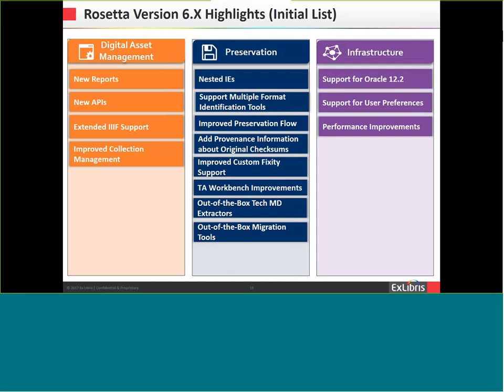We're waiting also for developments on IIIF, so we'll have extended support, so not only images will be able to be viewed in IIIF, and new APIs, improvements in the reports, integrations with other systems, and additional support for user preferences. A lot of it is based on the customers' feedback.